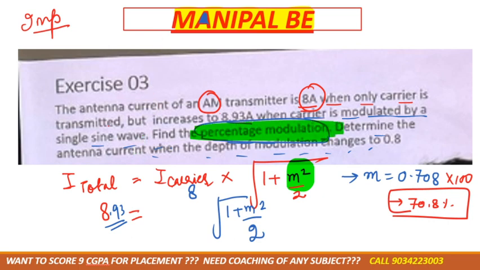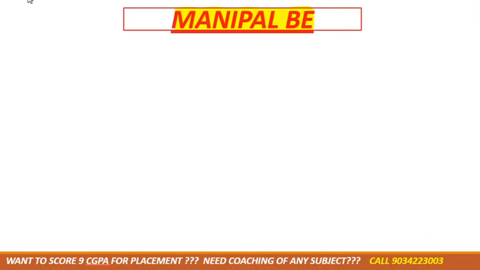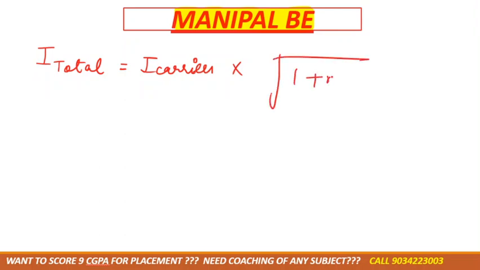Now they are asking to determine the antenna current, meaning the total current. Now the modulation value is 0.8. So we'll use the same formula, that is I total is equal to I carrier multiplied by root of 1 plus m square by 2.